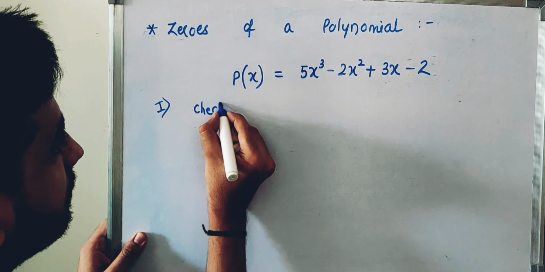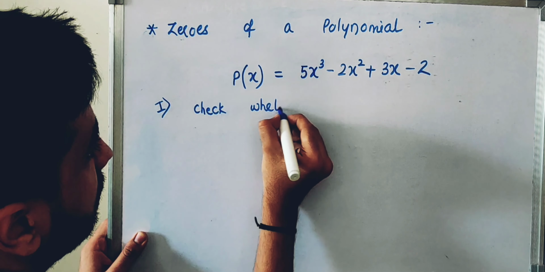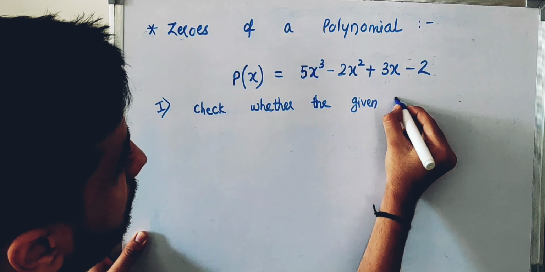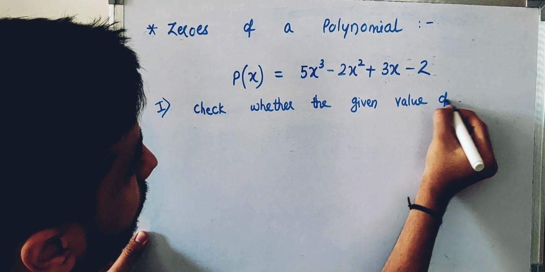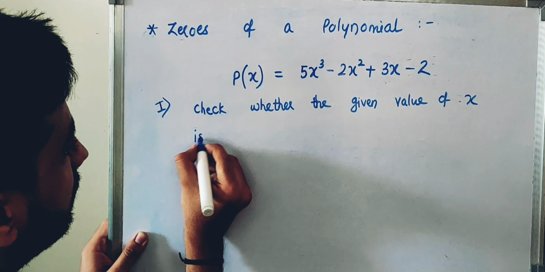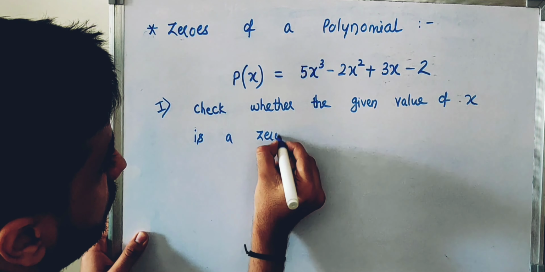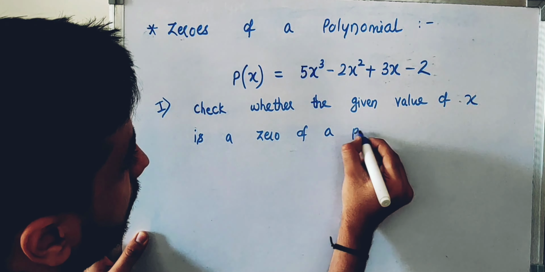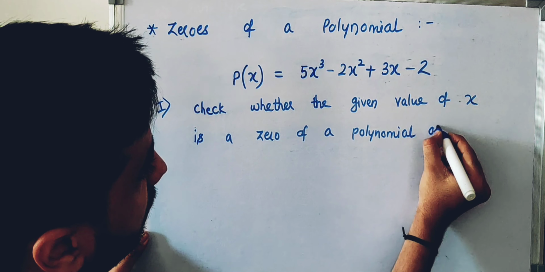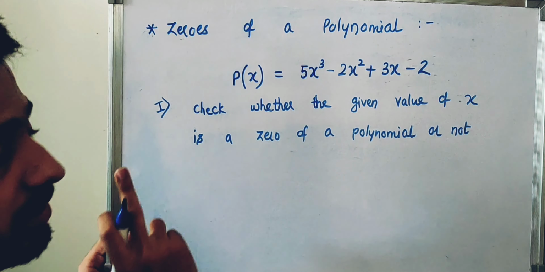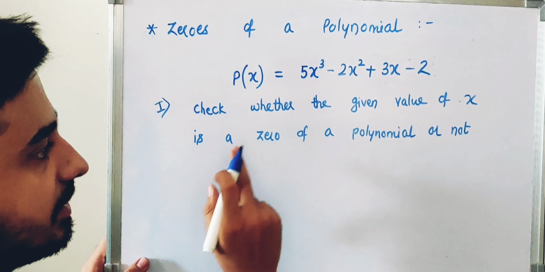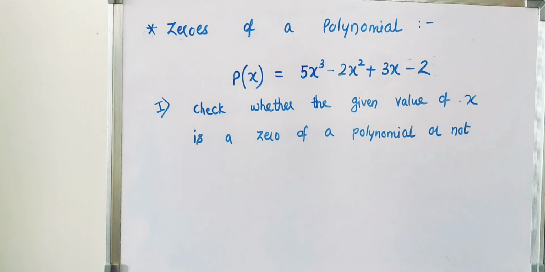Check whether the given value of x is a zero of a polynomial or not. What is the first type of question in zeros of polynomial? Check whether the given value of x is a zero of a polynomial or not. Clear?